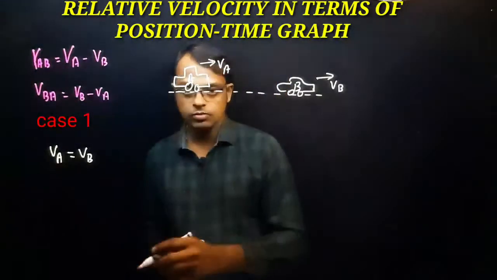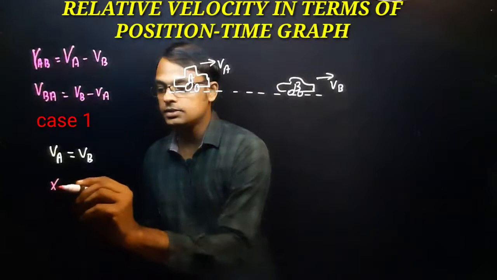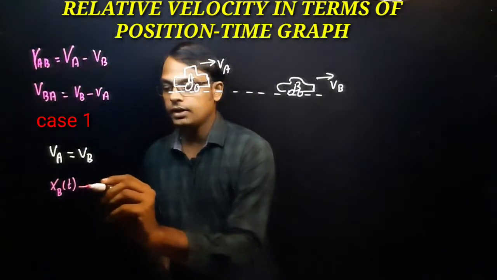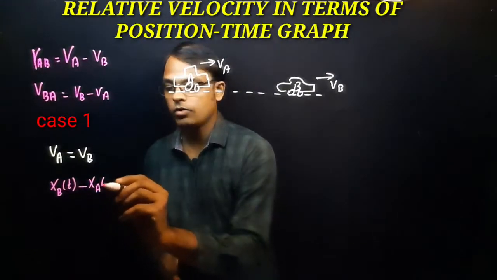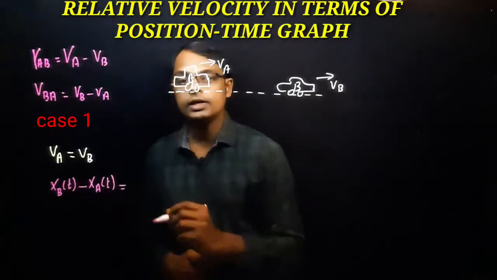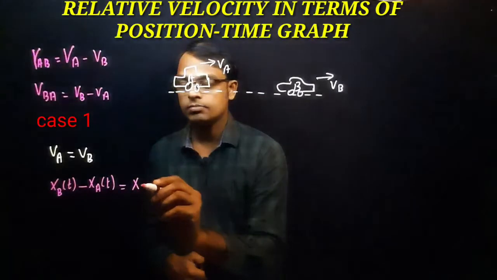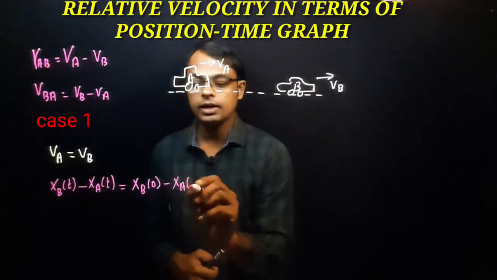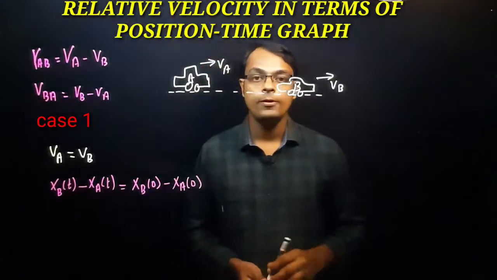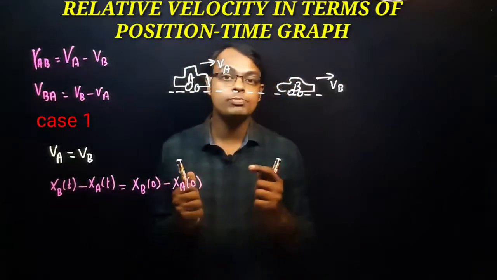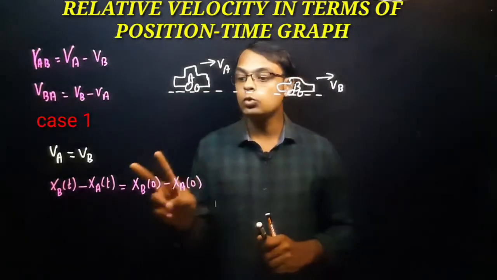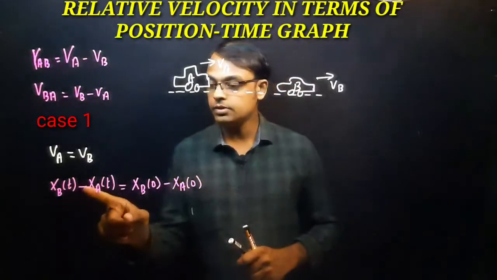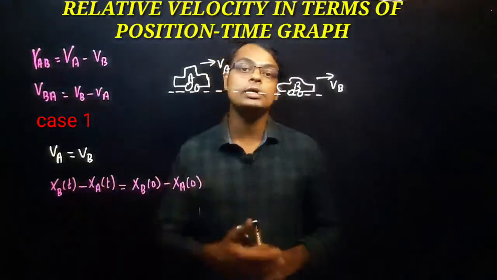There we can write one thing here, that is XB of t minus XA of t will be equal to XB of 0 minus XA of 0. That means the relative displacement between the two cars when the time is equal to 0 and when the time is equal to t are equal.